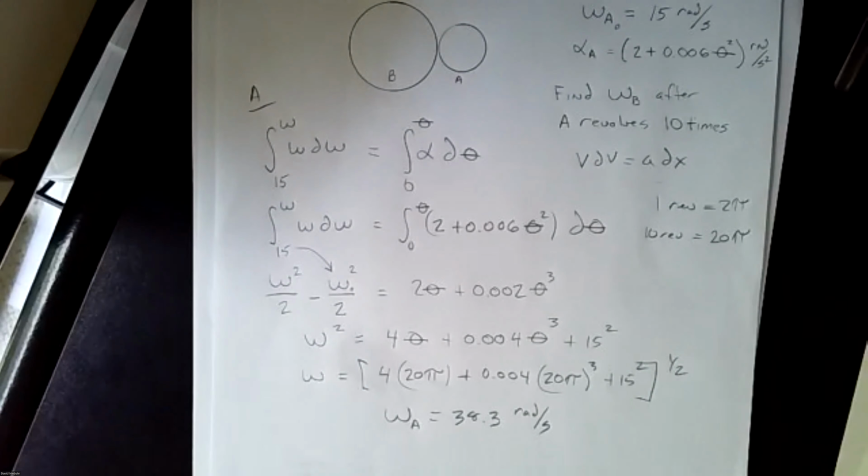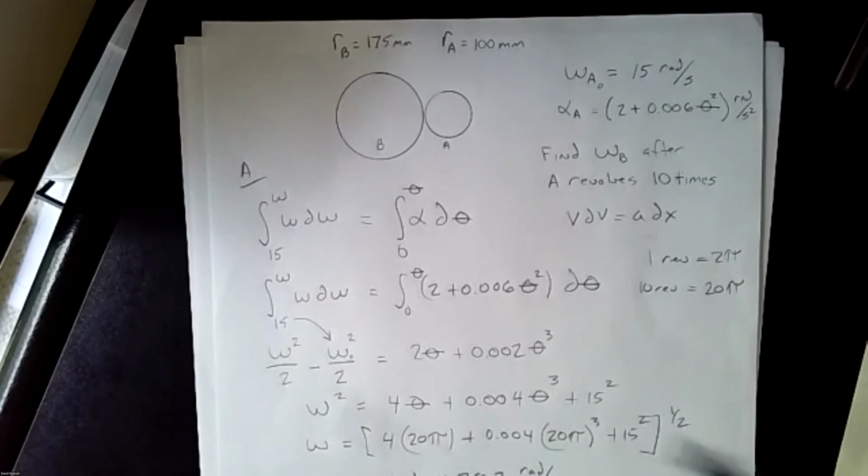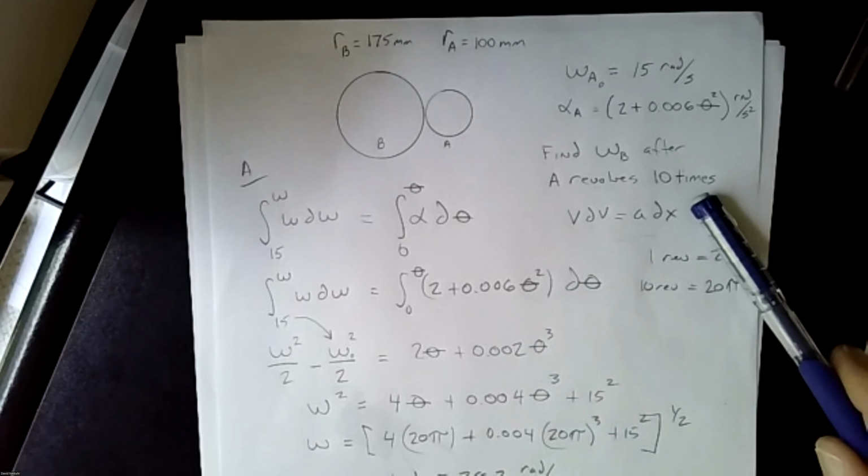We found omega A, right, because we were given its acceleration. So then the question is, what is omega B? Because we want to know what omega B was after 10 revolutions.